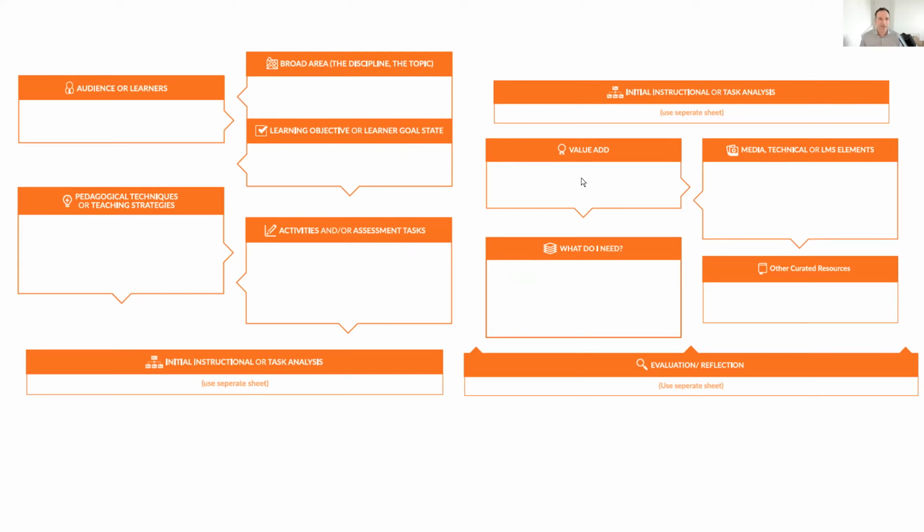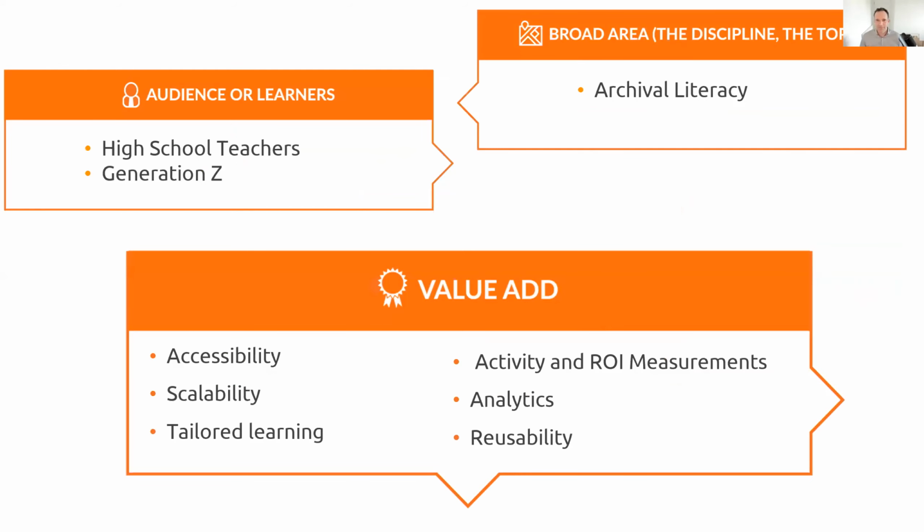So think about the audience, think about the value add, think about what curated resources exist, already curated in a different sense, I should add, used by you guys in the archive area. So here are some very basic responses to some of those that we gathered as we were going along through this initial design phase.